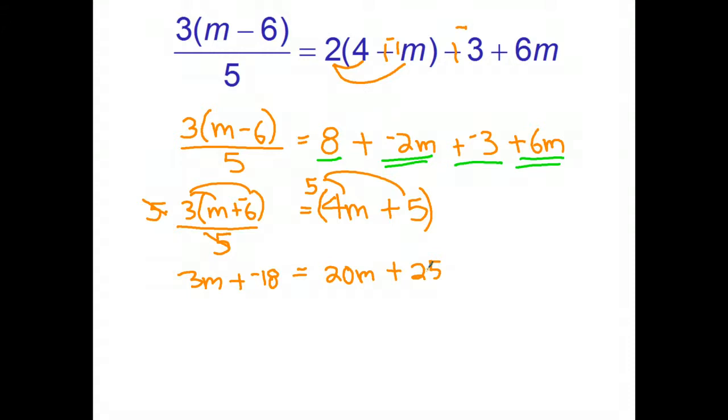Okay, so now we're down to a simple equation where there's the variables on both sides of the equation. So next step, take 3m from both sides, and those subtract out or add to 0.